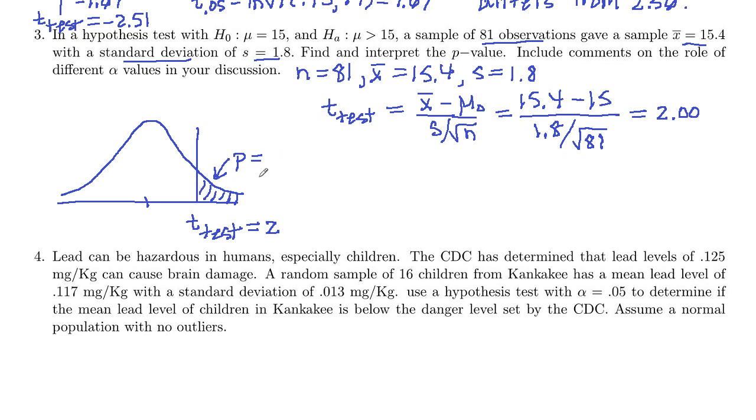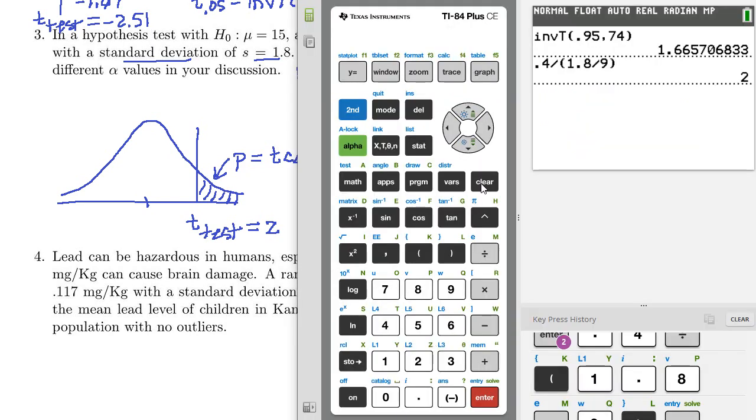So the p-value is the area past the test statistic. So we're going to use cumulative t-distribution, TCDF. And our lower cutoff is going to be 2. Our upper cutoff is infinity. We'll use 10,000. And then you need your degrees of freedom, which are 1 less than sample size. So that'll be 80. And let's compute that in the calculator.